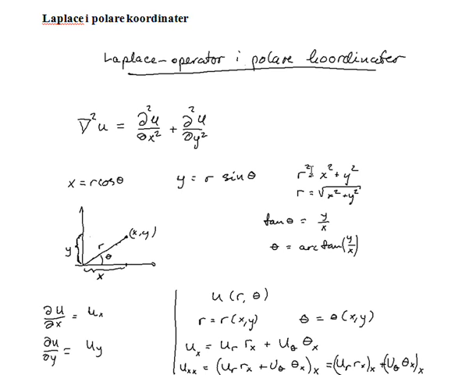We also know by the Pythagorean theorem that the square of r is equal to the sum of the square of x and the square of y. Thus we have this expression for r. Moreover, the tangent of theta is equal to y over x.